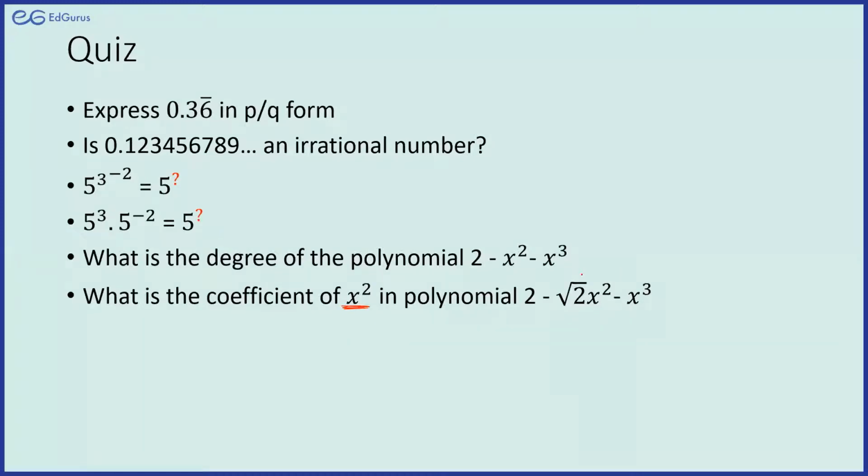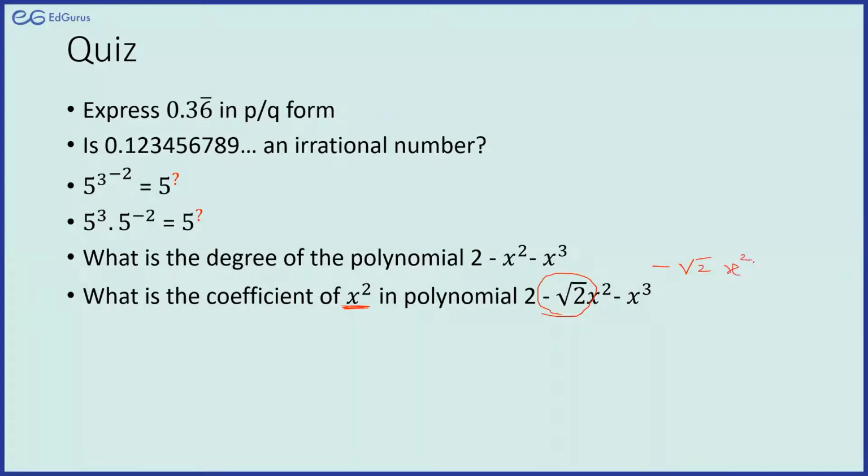Good. So it is minus root 2. Not simply root 2. Coefficient is the constant factor of any term, right? So we are looking at the term which has x square in it. So the constant factor here is minus root 2.